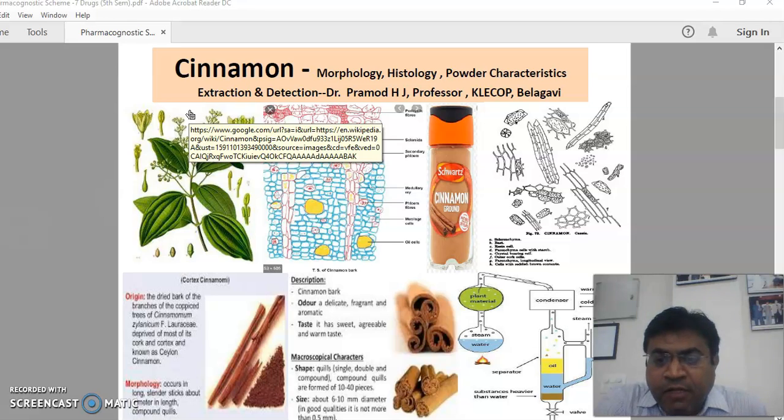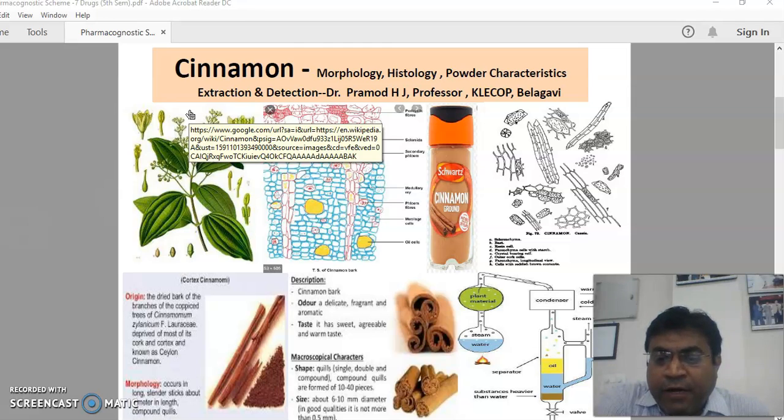With this we will move on to the extraction part, that is, we can have this particular type of cinnamon powder. The coarse powder can be extracted using the steam distillation process, where the plant material is made into a coarse powder, followed by steam being passed through the tube. Then follows the separation of the oil. The most important part is the condenser, where it condenses the oil.